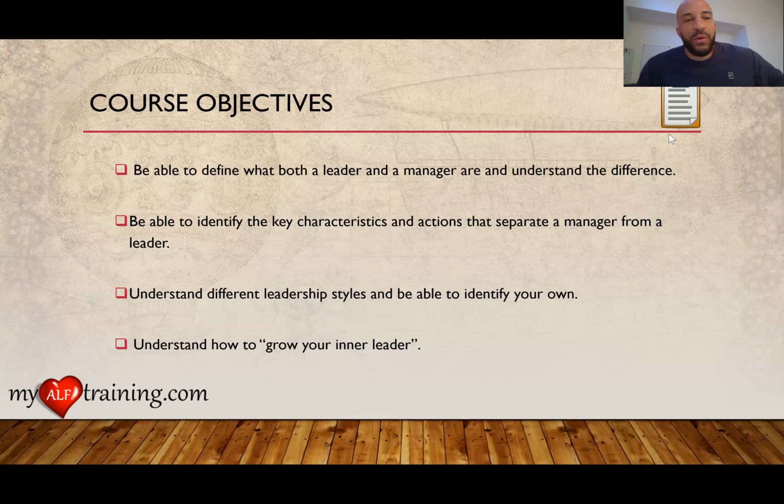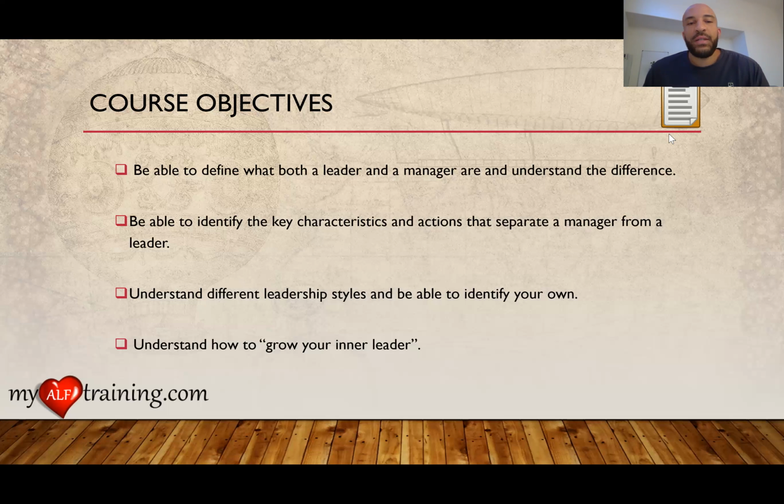And our fourth course objective is understanding how to grow your inner leader. I'll put that in quotations. That's something I came up with, growing your inner leader, because you may or may not be aware, but we all have some form of a leader inside of us.